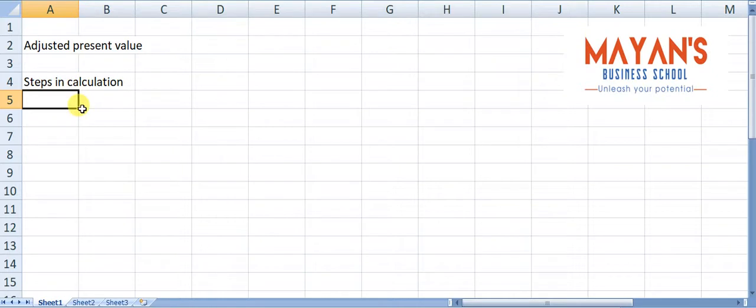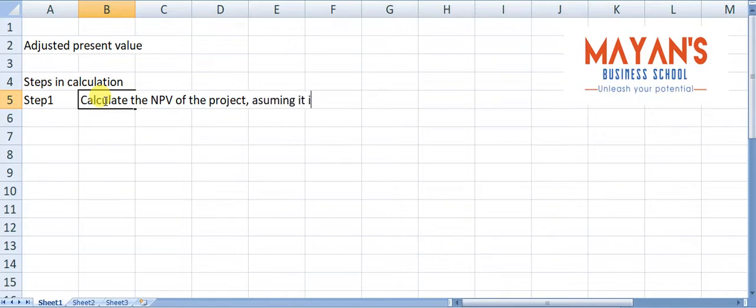Step number one says: calculate the NPV of the project, assuming it is 100% equity funded.